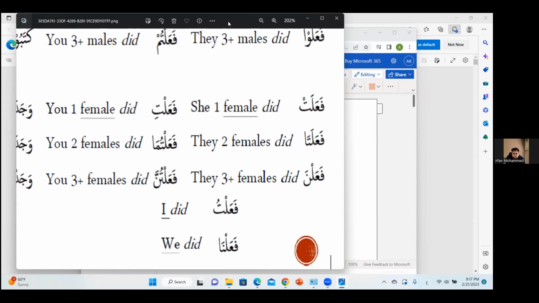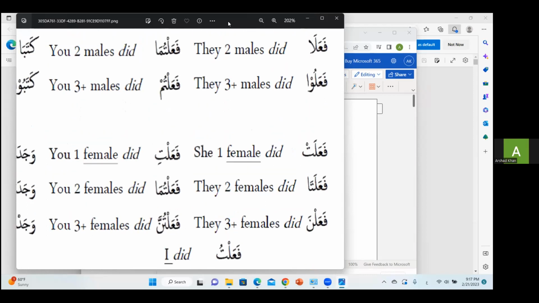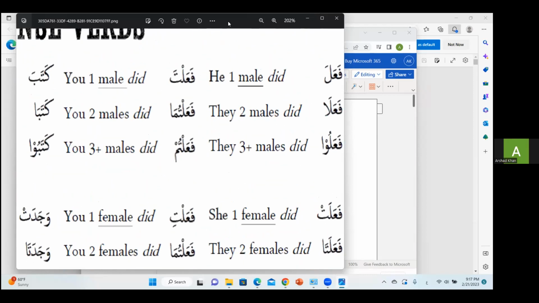Dhahabna. Okay. So now there is also you went masculine, then there's you went feminine, and in Arabic everything is one, two, many. So they is two people, and there's also more than two. So for male, you will say dhahabta.